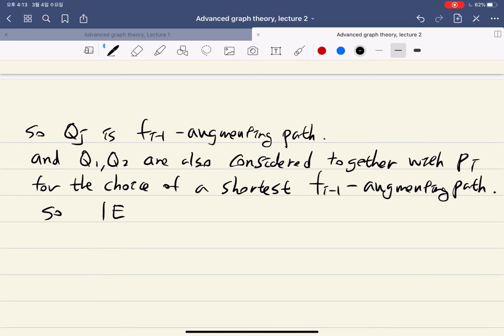So we know that they are not shorter than Pi.